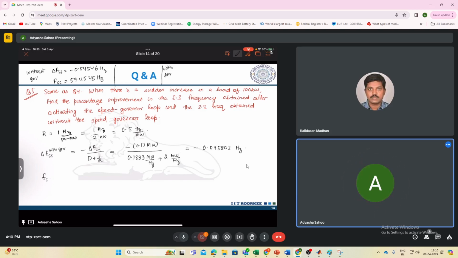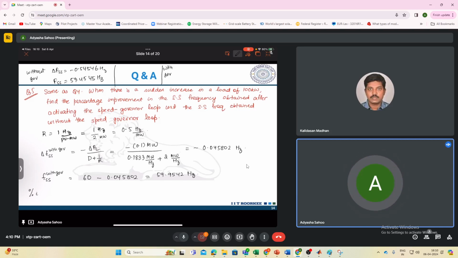So F steady state with governor will be 60 minus 0.045802, which is giving us 59.9542 hertz.